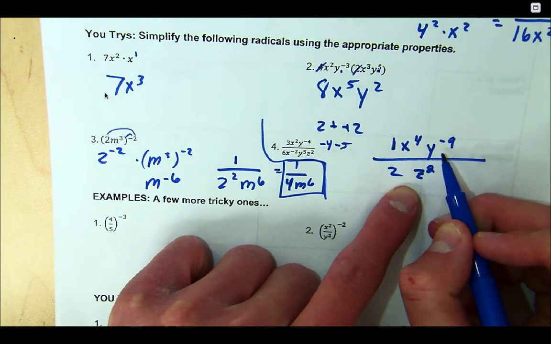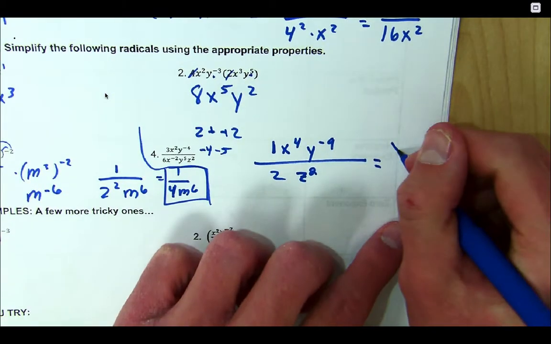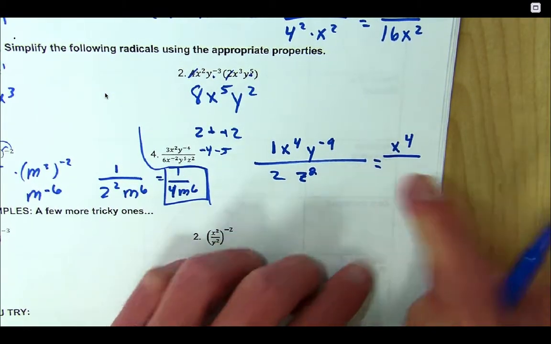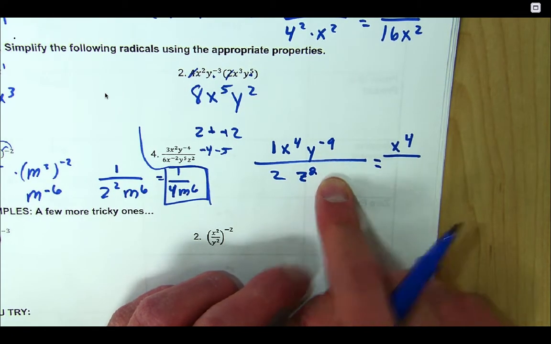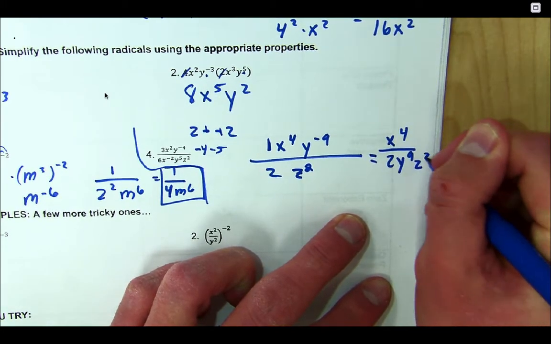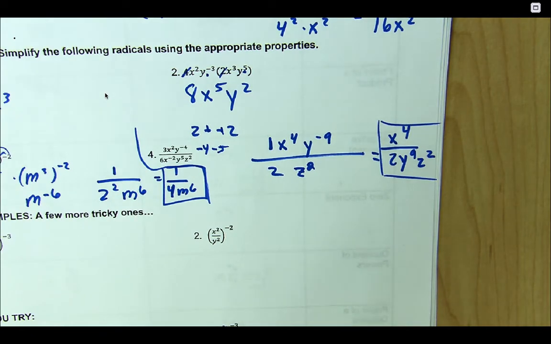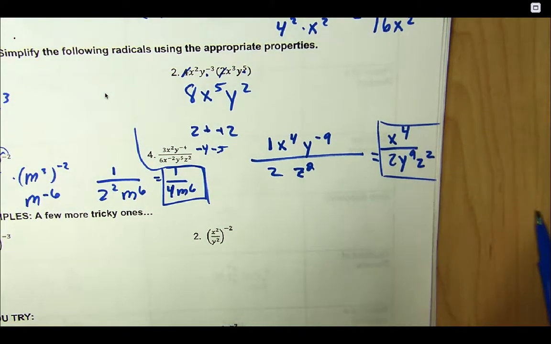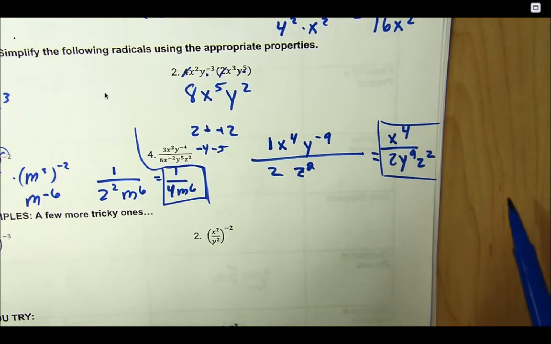Okay, but I just said we can't end with negative exponents. So what I need to do with my final step is I need to make this positive and move it down here. So it becomes x to the 4th in the numerator all over 2 y to the 9th z squared.